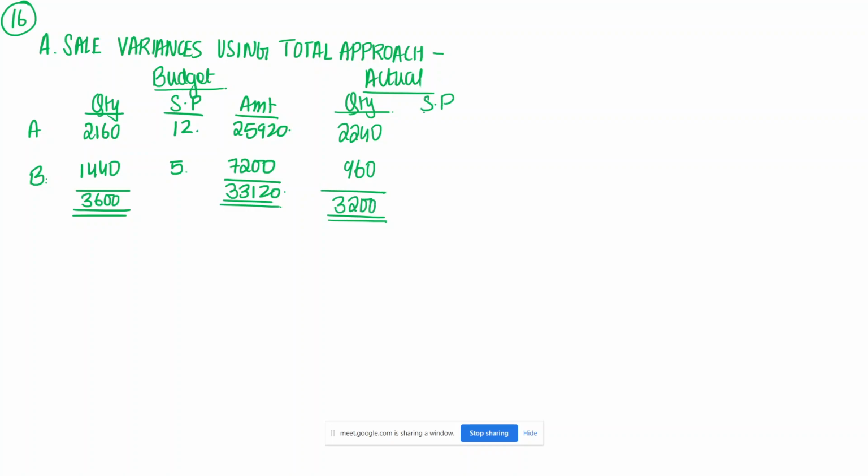Selling price of 11 and 6. So amount being 640... 5,760. Total 30,400. Should I make one standard for actual?